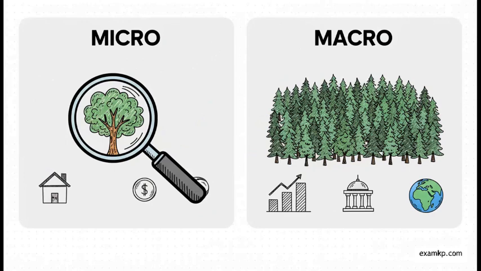Macroeconomics is the big picture, the entire nation, GDP, inflation, unemployment. Options A, B, and D are all micro, but option C talks about fiscal policy, national inflation, and GDP growth. Those are all classic macroeconomic topics, so C is definitely our answer.